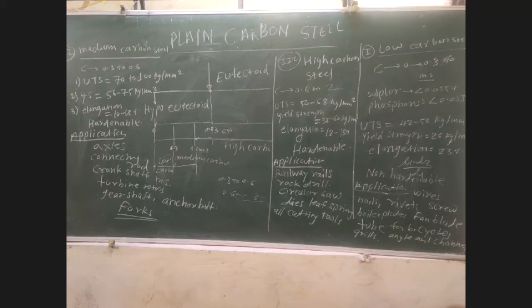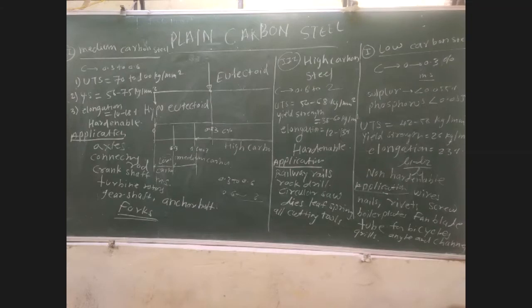So within this small discussion, the main point you have to remember is plain carbon steel. What is plain carbon steel and what are the types of plain carbon steel? A question like this can come. Plain carbon steel means there are no alloying elements, but it contains a percentage of carbon, correct? Main alloying elements are very less.